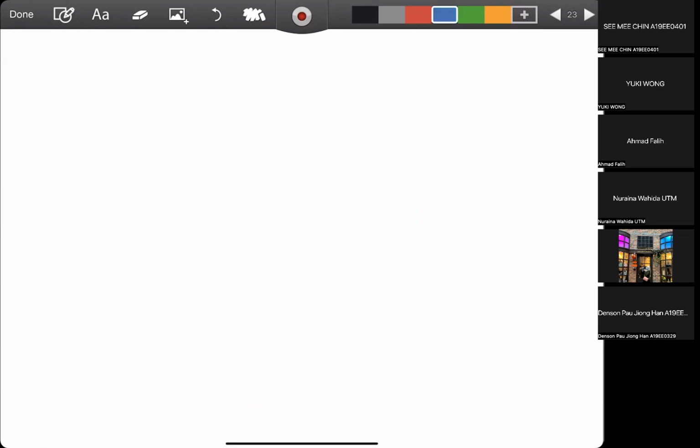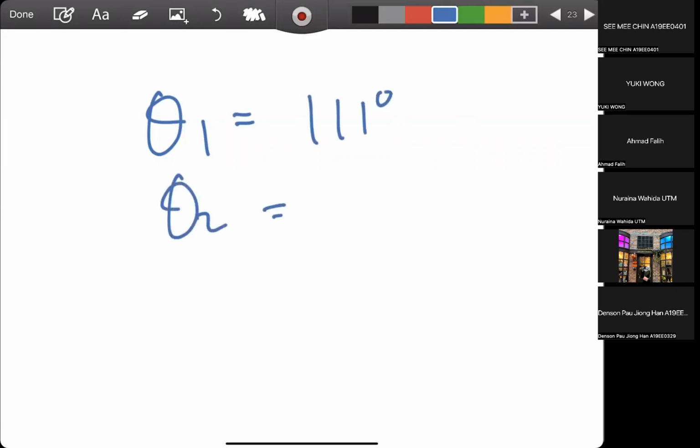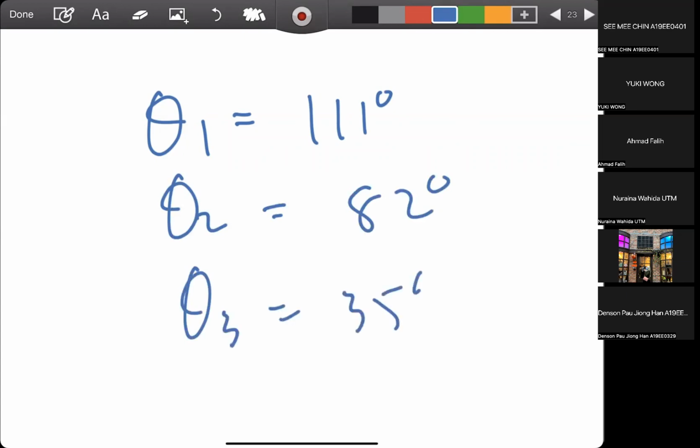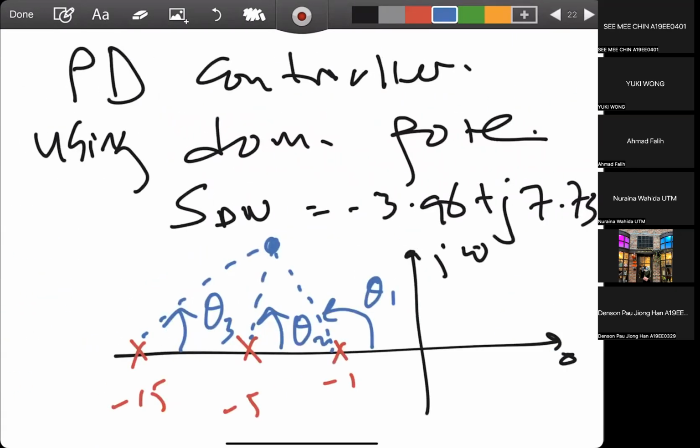Theta 1 is 111 degrees, theta 2 is 82 degrees, theta 3 is 4 degrees. And don't forget to put the ZC somewhere here for the PD controller.